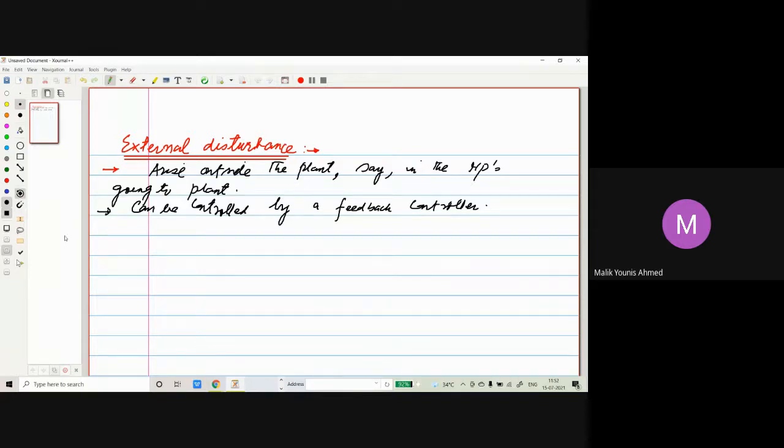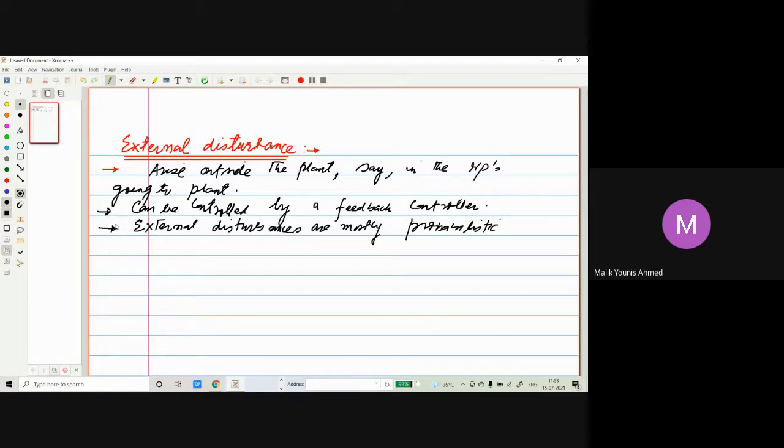Now, when we talk about external disturbances, they are mostly probabilistic in nature.